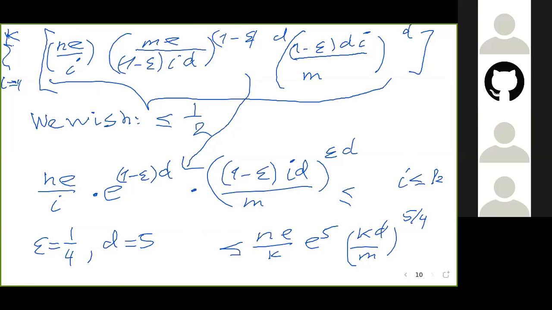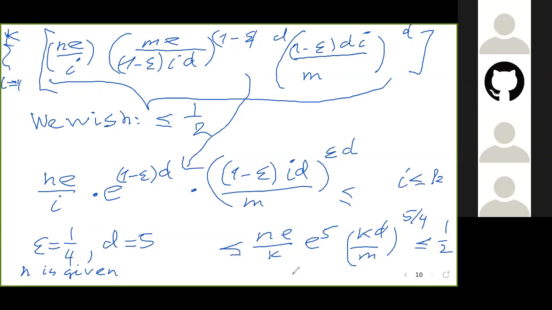So we need that to be less than 1/2. And to this end, we can choose first. So assume that we are given n. So n is given, some number. So this is the block length.